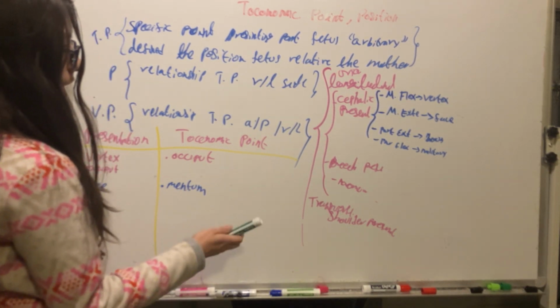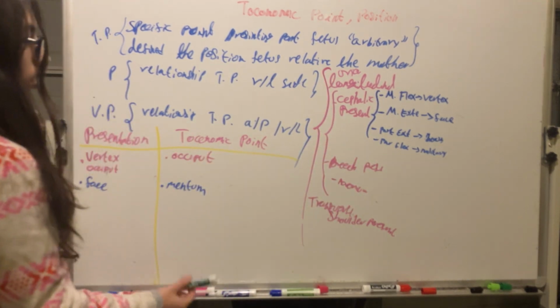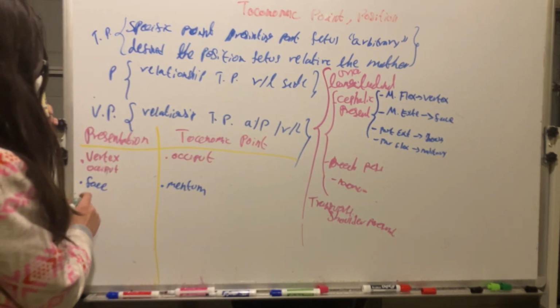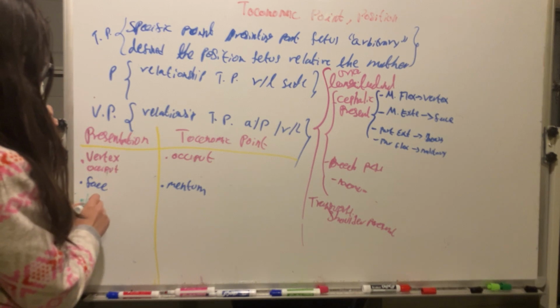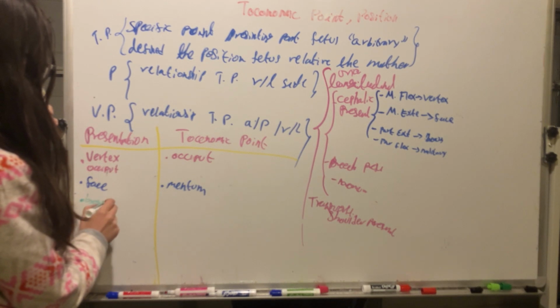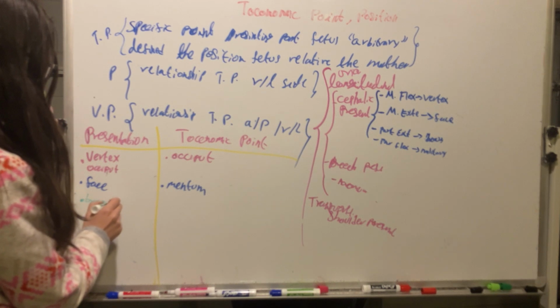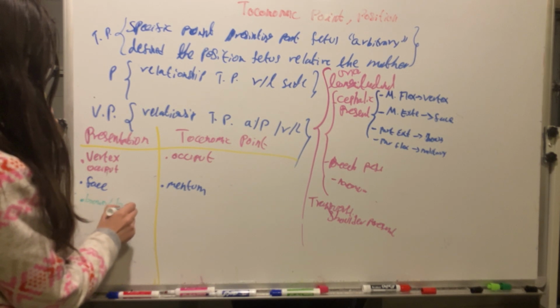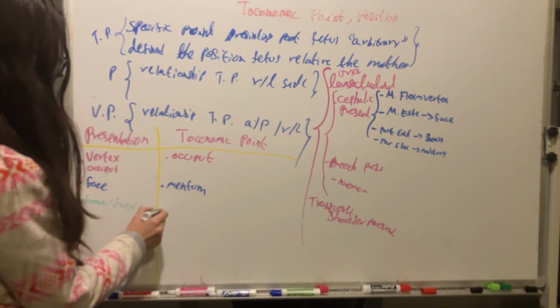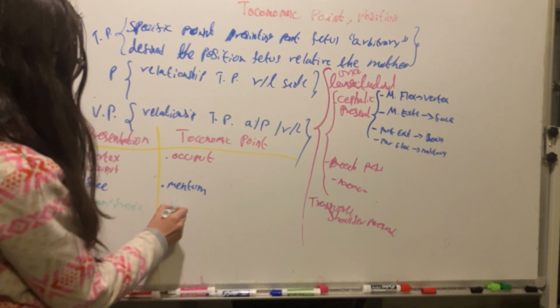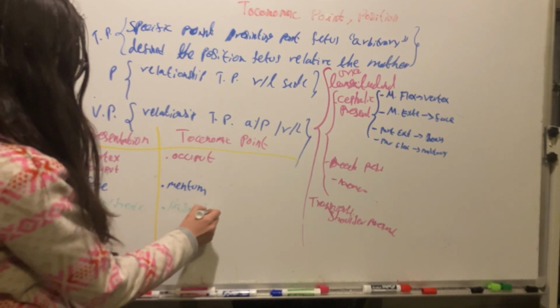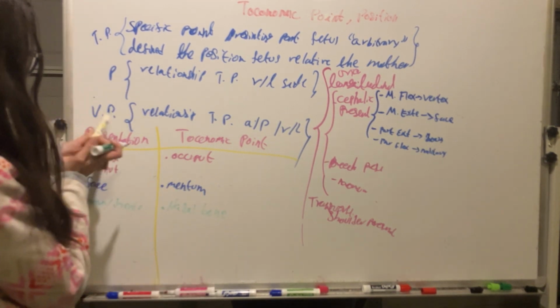If we have a partial extension, that is the brow presentation, or in Spanish, presentación de frente, and here the tocogonic point is the nasal bone.